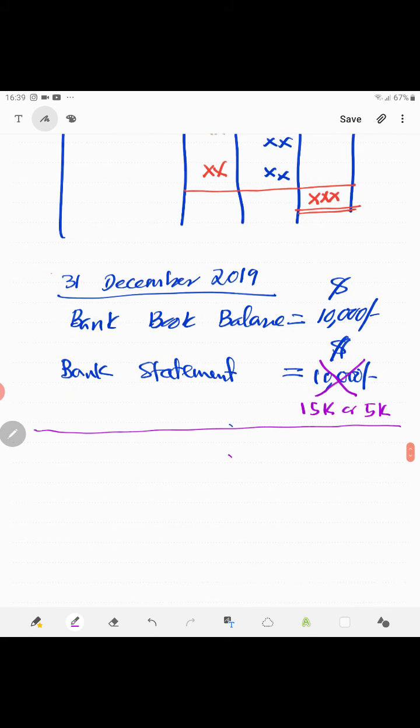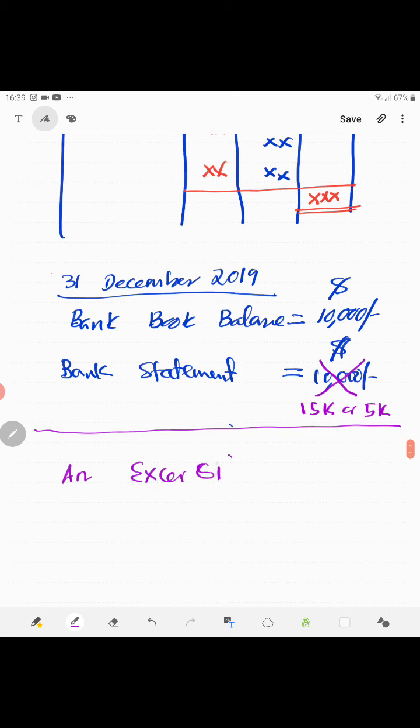Because of this situation, whenever we prepare financial statements, before we prepare them we have to carry out a reconciliation exercise in order to find out the differences, or the reasons for such differences.